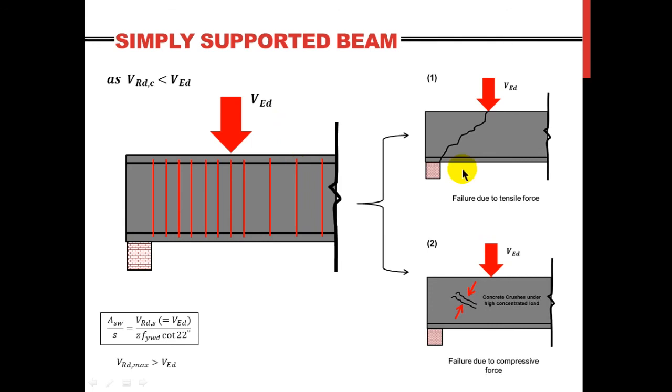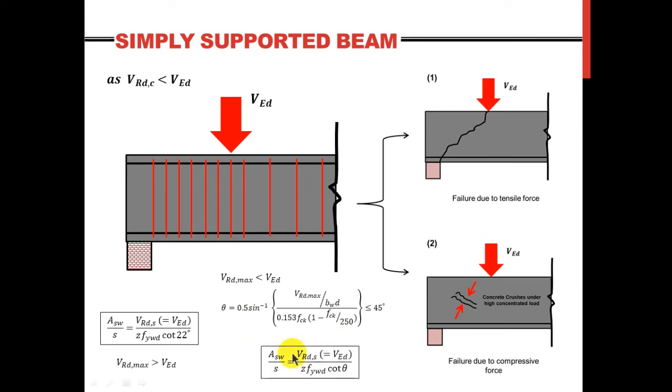However, in the case of a larger applied force, theta would rise above 22 degrees, and thus it must be calculated using this equation. Then with the same procedure, theta would be substituted into this equation, with theta of course being more than 22 degrees, but also less than or equal to 45 degrees. Alright, by covering all of this, we should be good to go and design the stirrups of our simply supported beam, which we would hopefully be doing in the next part.